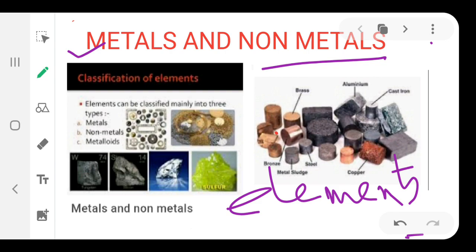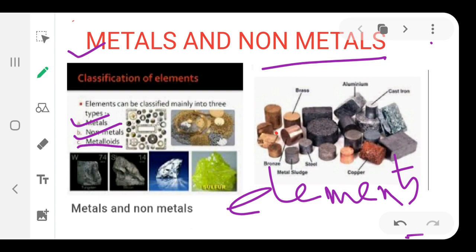We'll talk about them in detail. For the time being, you should know that elements are basically classified into three categories: metals, non-metals, and metalloids.